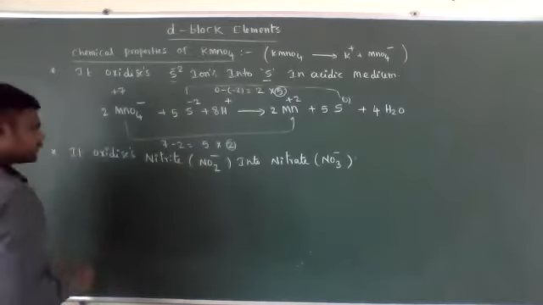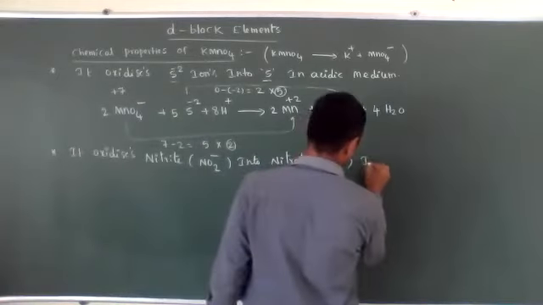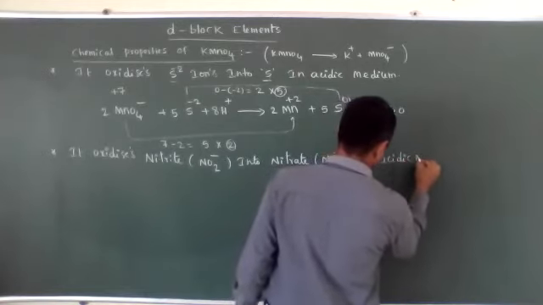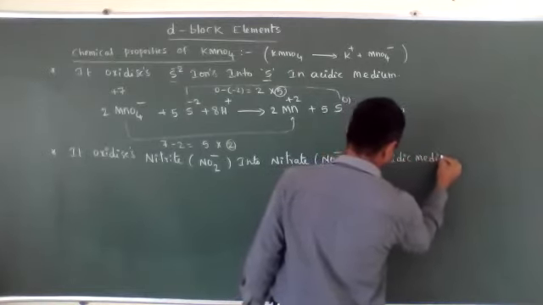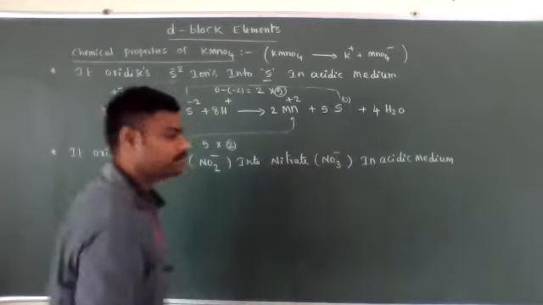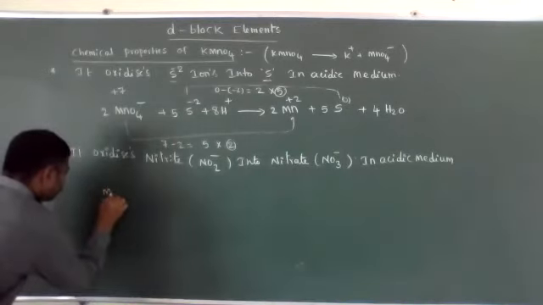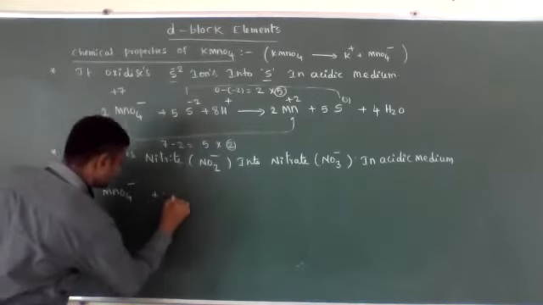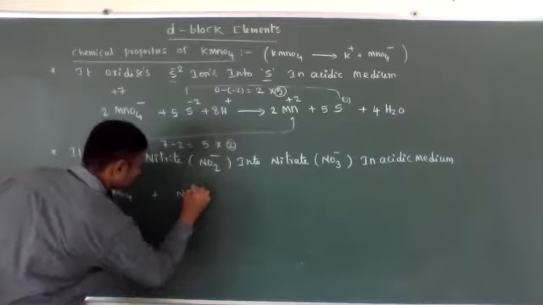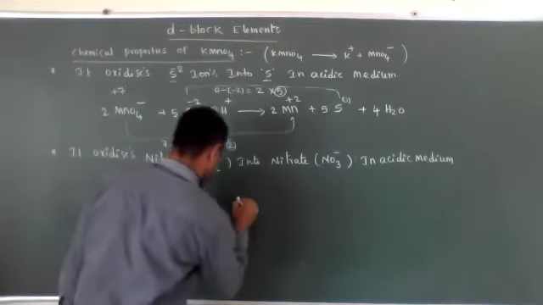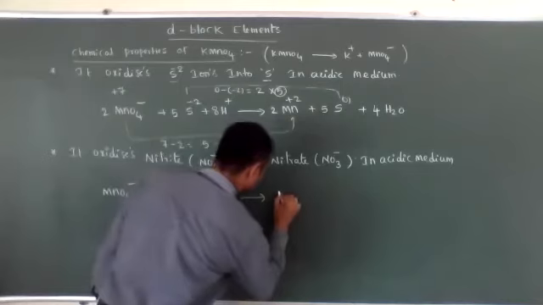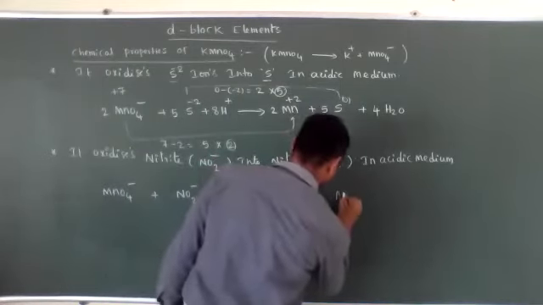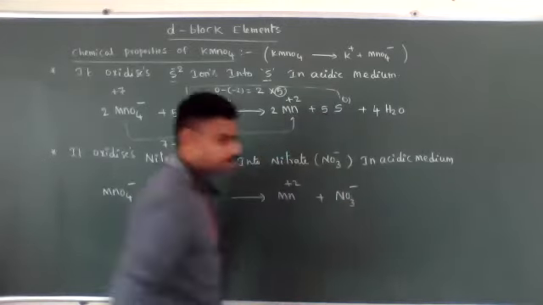So in acidic medium, let's see the equation. MnO4 minus plus NO2 minus is converted into Mn+2 plus NO3 minus.